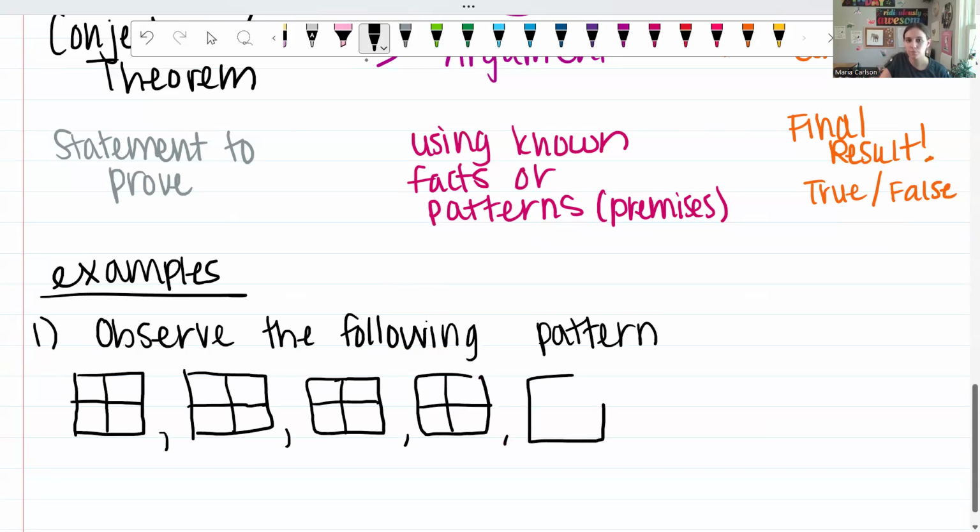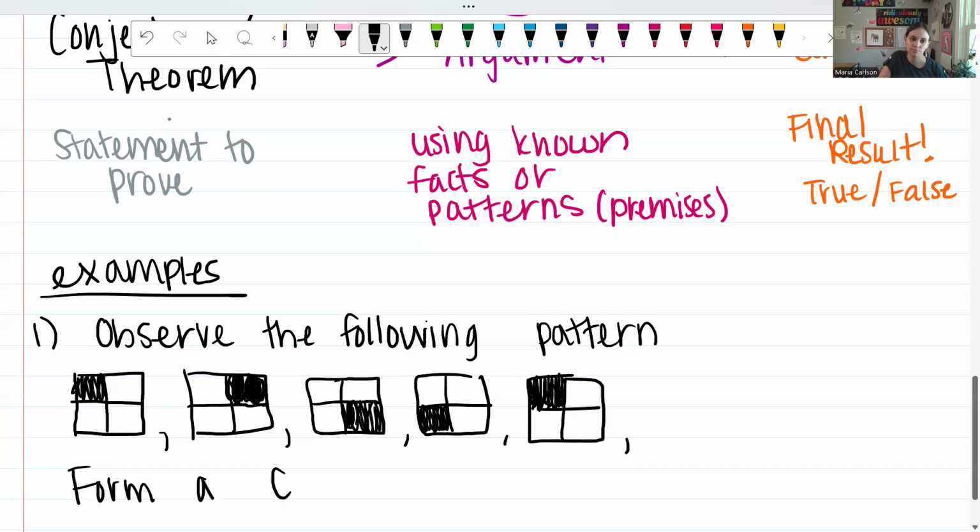And then we're going to fill them in. The first one has this square filled in. The second one has this square. The third has this one. The fourth has this one. And our fifth square is back up here. And then we're going to form a conjecture for the next shape in the pattern.